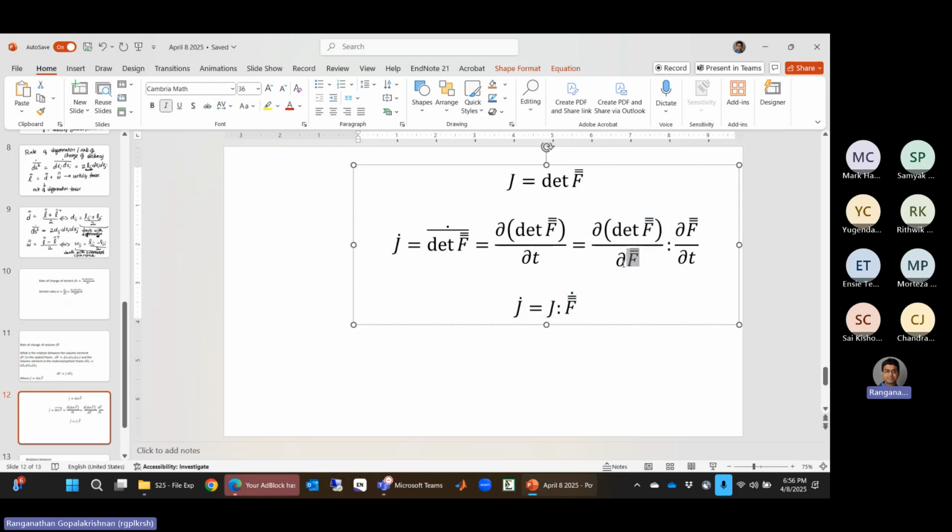And how would we convince ourselves that that is correct? Or how does the book get that expression? This expression is equal to J F inverse transpose. How do we prove that?